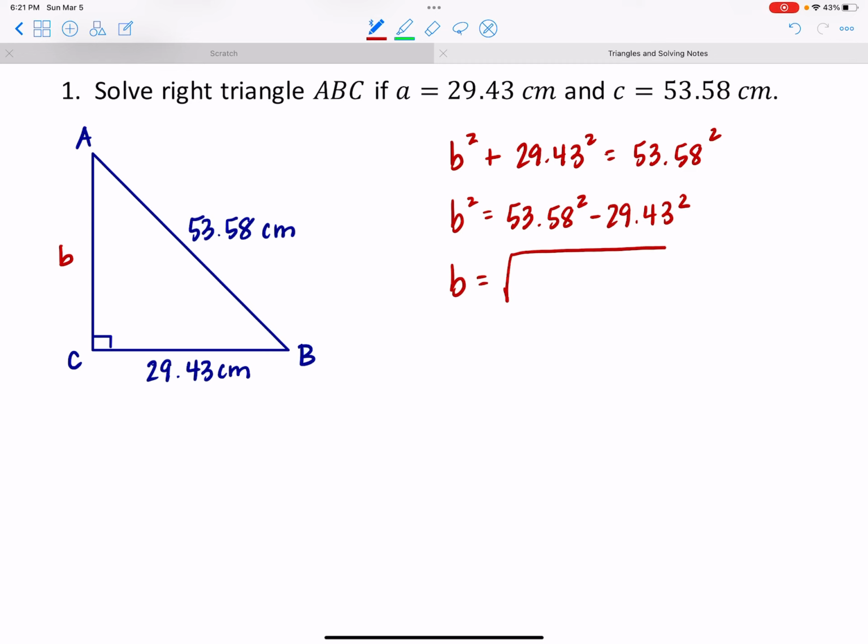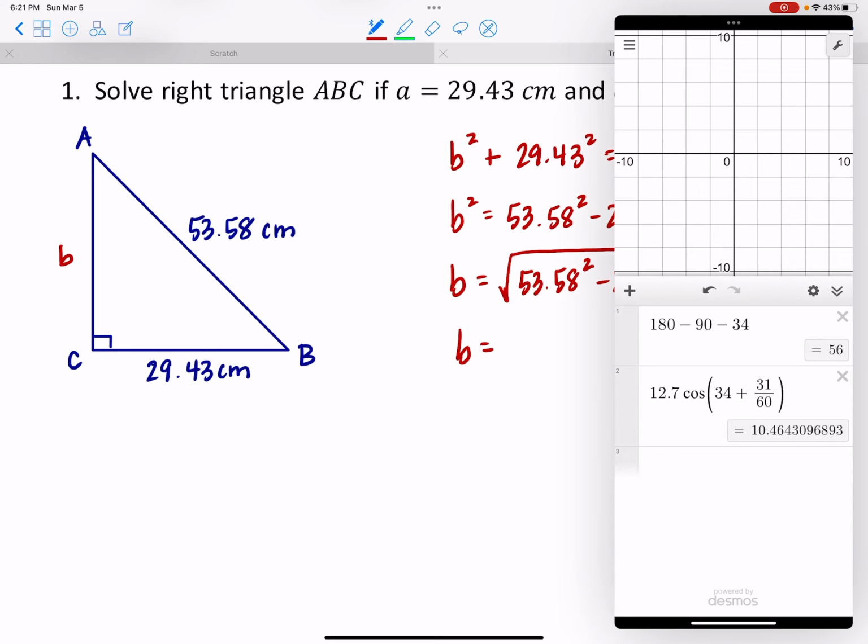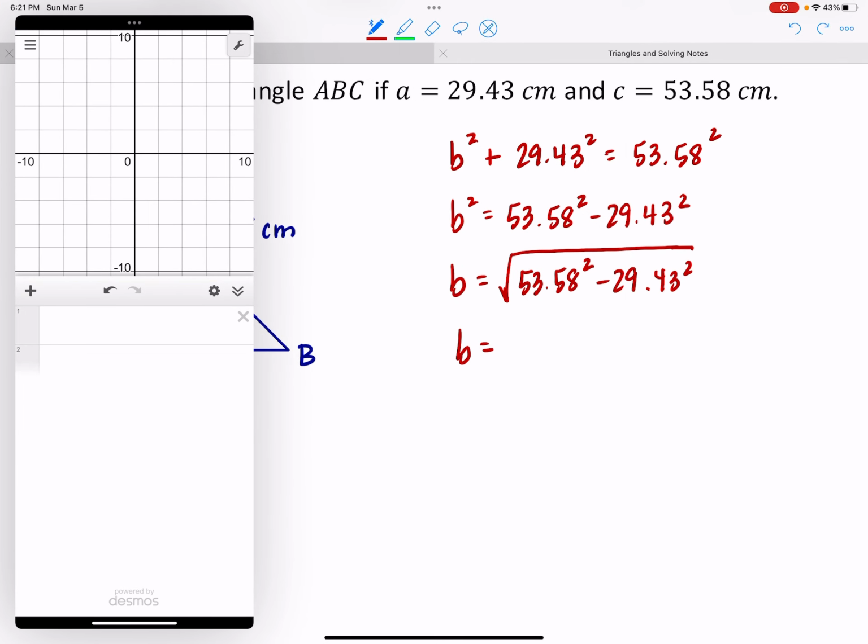I just don't want to input too many things into the calculator if I don't have to. So one final step into the calculator would be the square root of 53.58 squared minus 29.43 squared. That way I don't have to worry about, let's square this, then subtract, and then take the square root. It's just a lot to input. So we're going to save ourselves a little bit of that work.